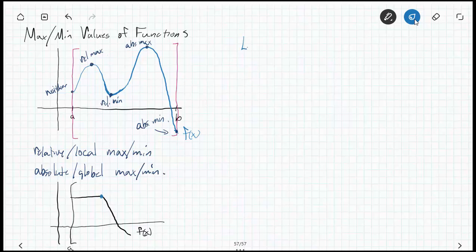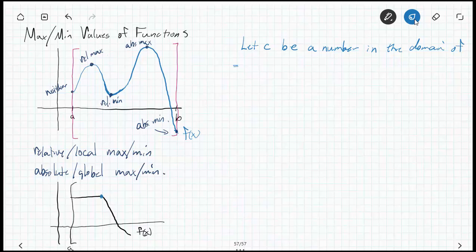We're going to say let c be a number in the domain of f.